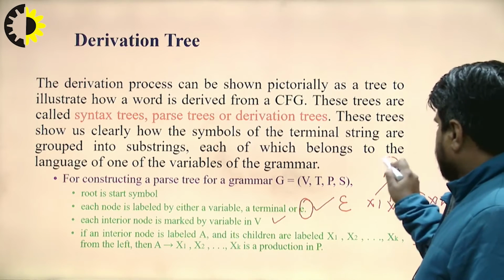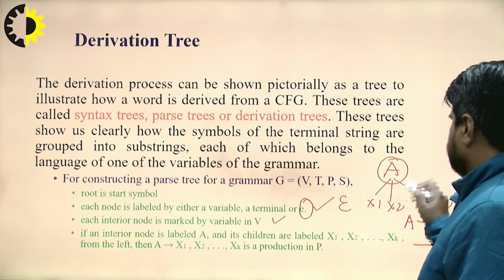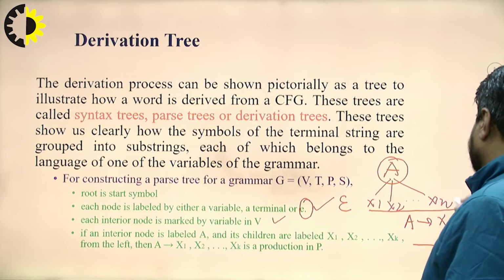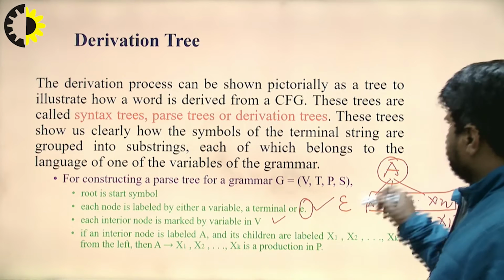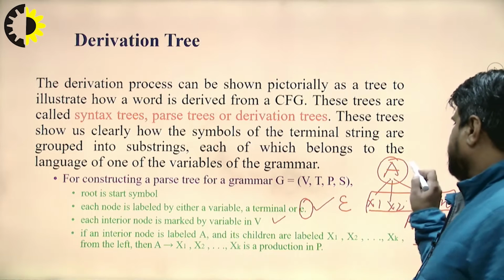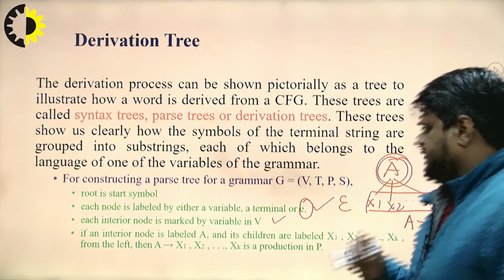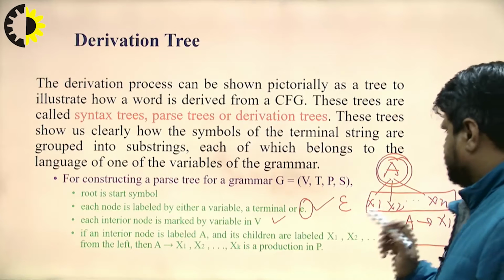So A is replaced by the right-hand side of the production. Children always form the right-hand side of the production and the parent always forms the left-hand side of a production.